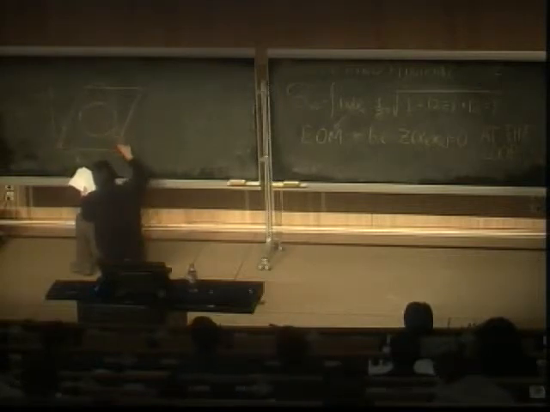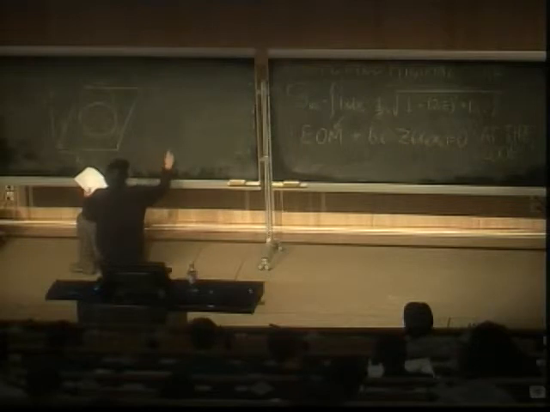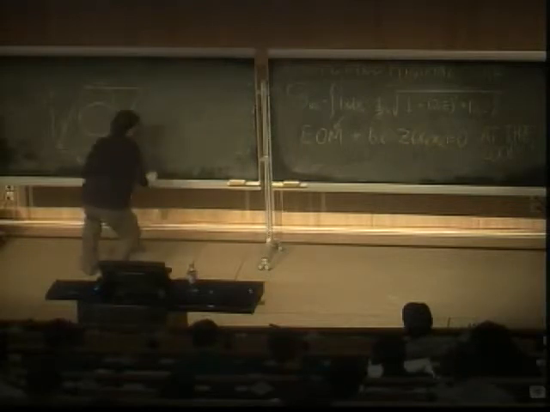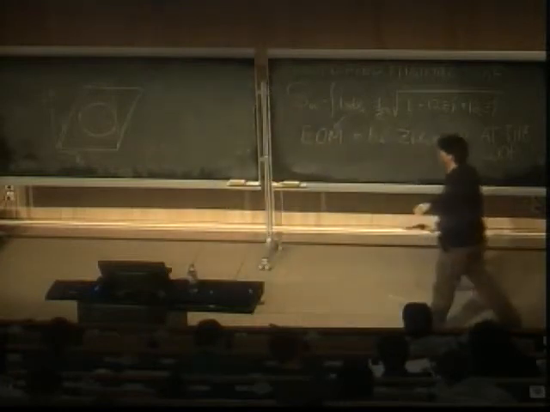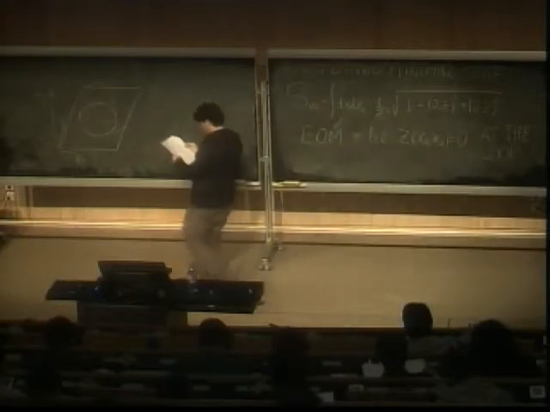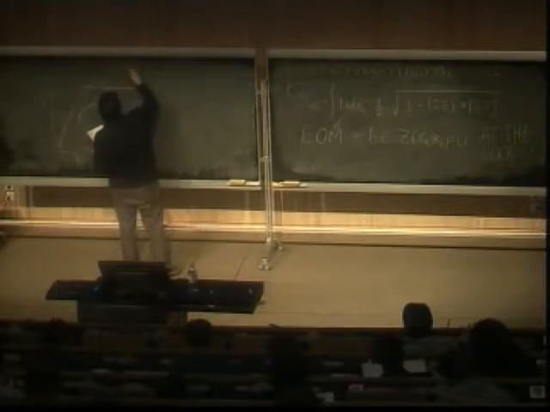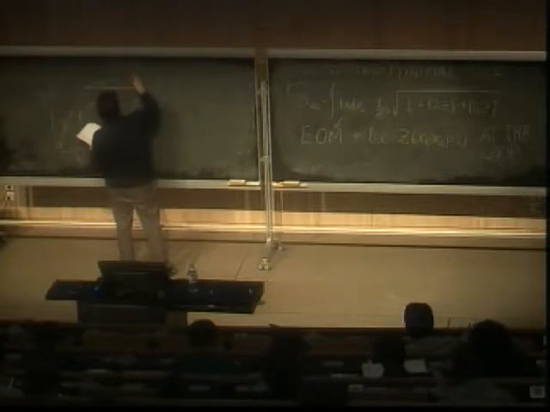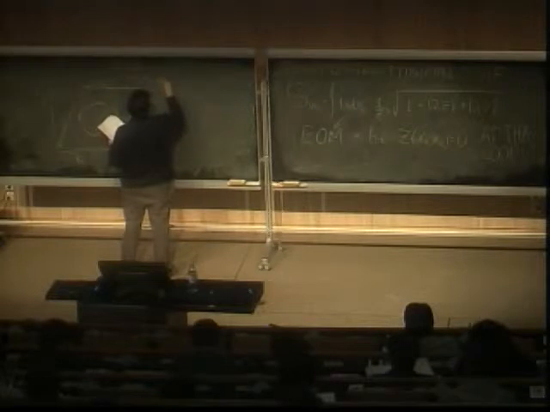So this loop satisfies that x1 squared plus x2 squared is equal to R squared, where R is the radius of the loop. So now the boundary conditions are that z should be 0 if x1 squared plus x2 squared is equal to R squared.